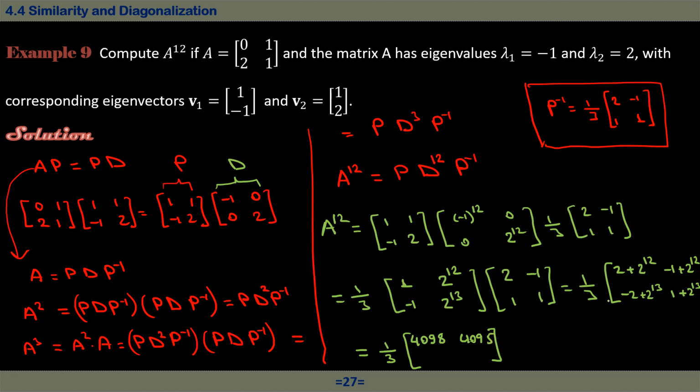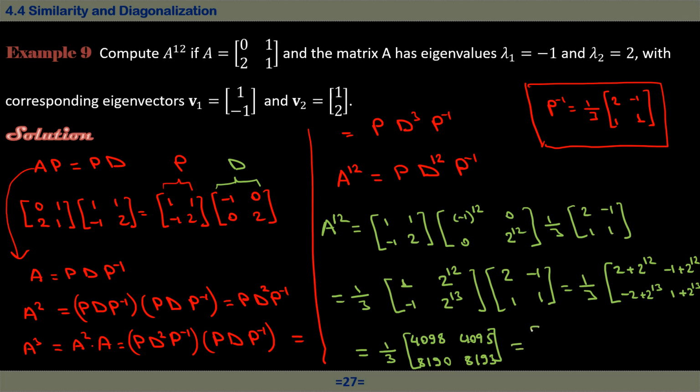And here we have minus 2 plus 2 to the power of 13, which is equal to 8190. And the last one is 1 plus 2 to the power of 13, that's equal to 8193. Okay. And I can just bring this 3 inside.